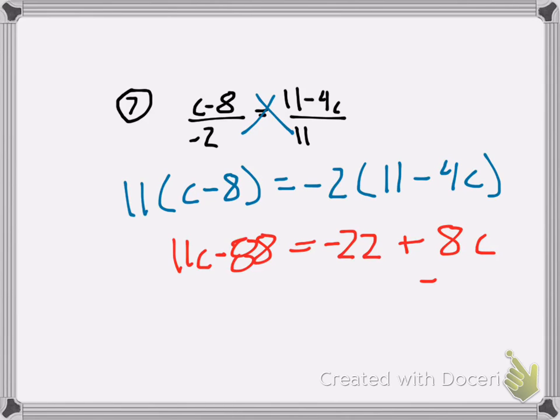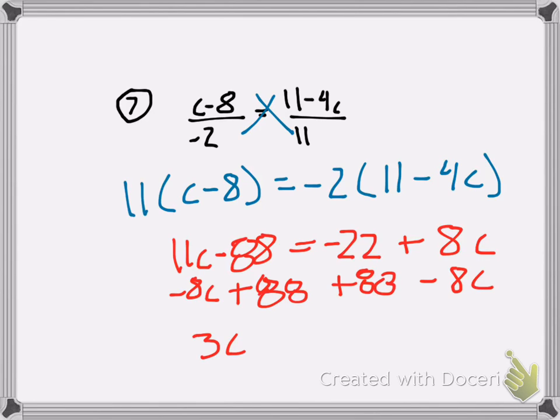I can then subtract 8c from both sides and also add 88 to both sides. I will get 3c equals 66. So c equals 22.